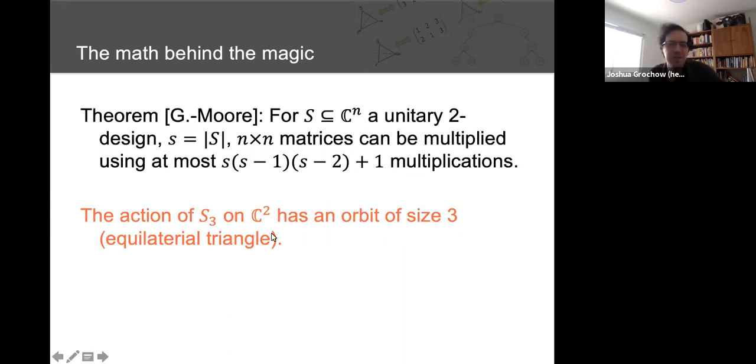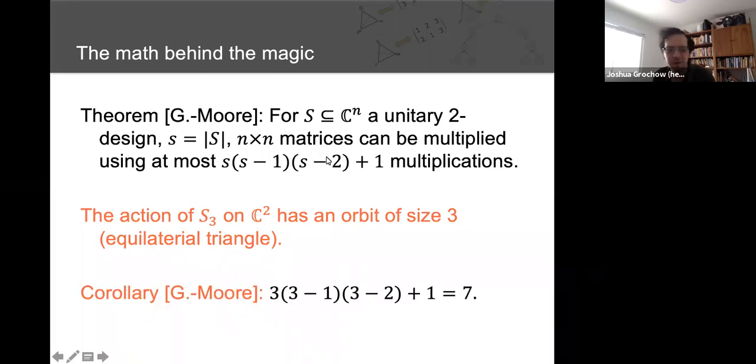The action of S3 on a two-dimensional vector space has an orbit of size 3, namely the corners of an equilateral triangle. So the corners of an equilateral triangle inside C^2 are a unitary 2 design. And if I plug 3 into here, I get 7.